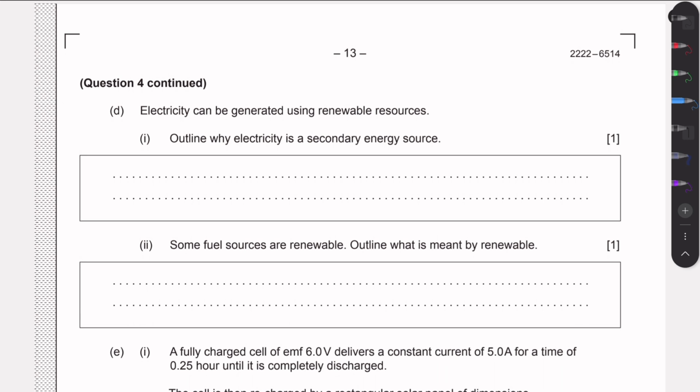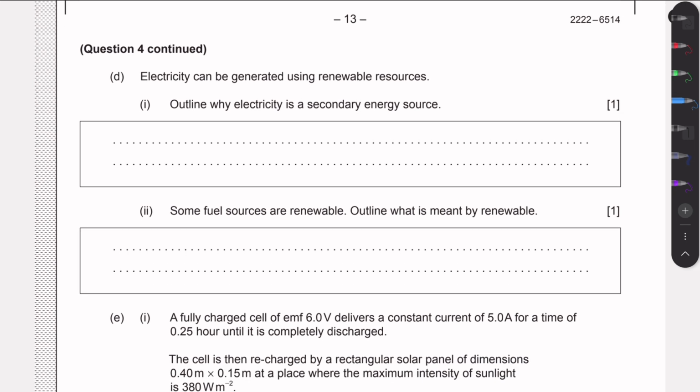So we are told that electricity can be generated using renewable resources, and we need to outline why it's a secondary energy source. Well, a secondary energy source is just one that is produced using other sources of energy. So it also states in the question that the electricity is generated by using other sources, and therefore it's a secondary source.